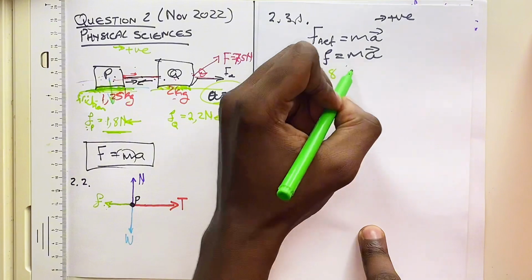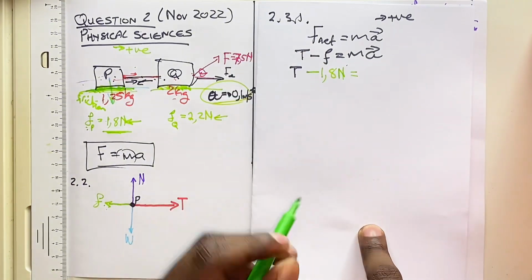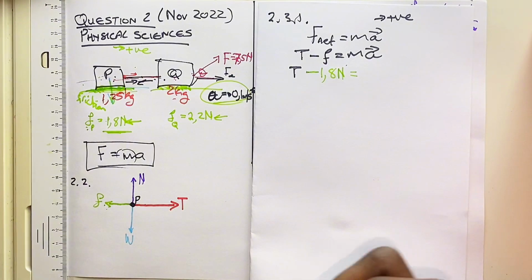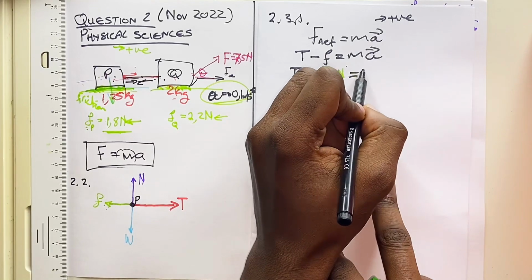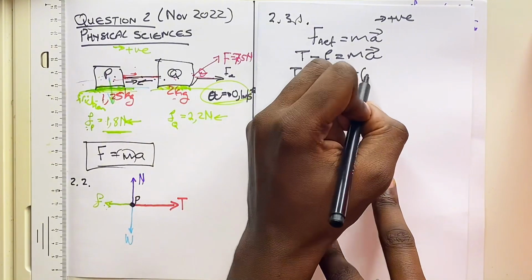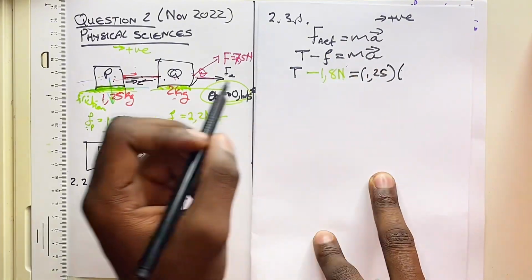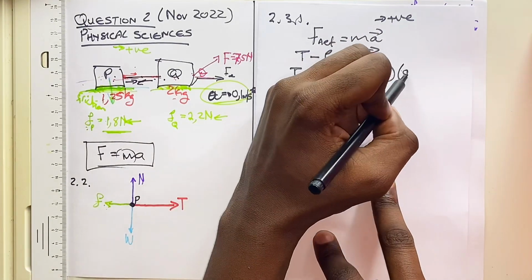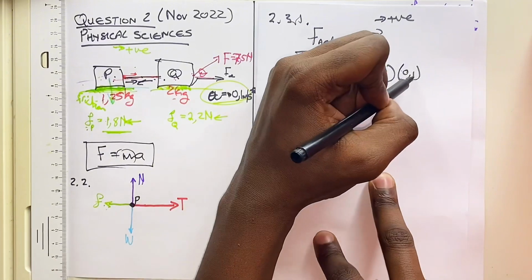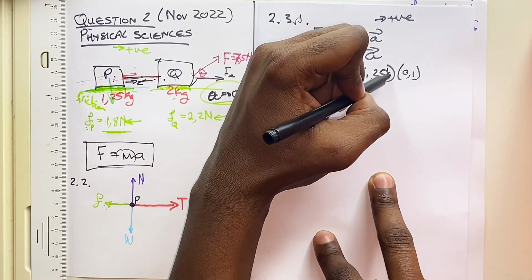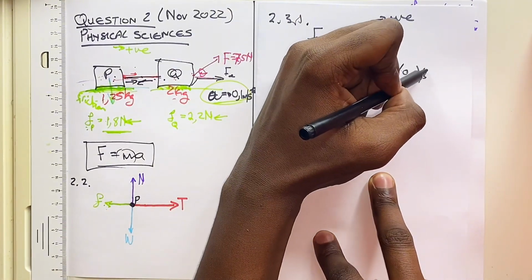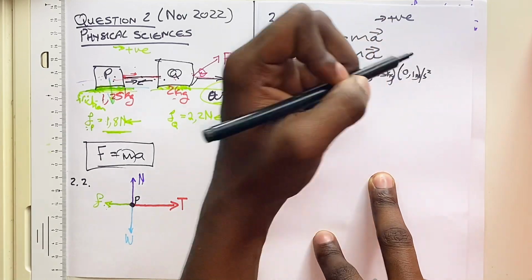That is equal to the mass of P, which is 1.25, times the acceleration. Remember, they're accelerating at 0.1 meters per second squared. This is in kg, and this is in meters per second squared.